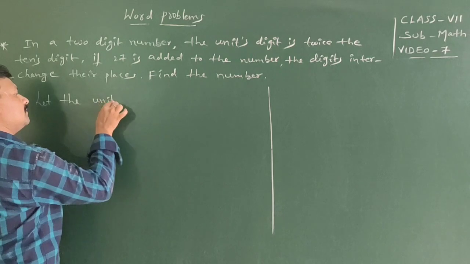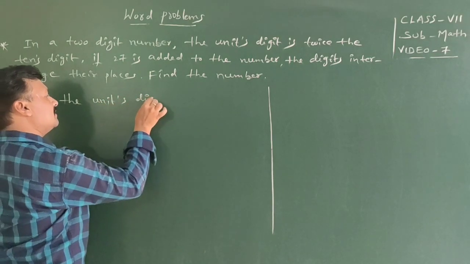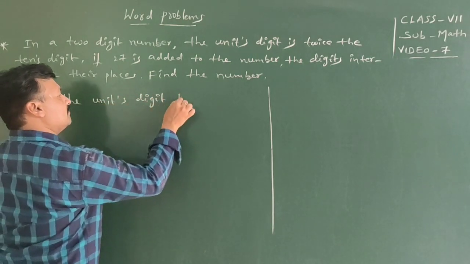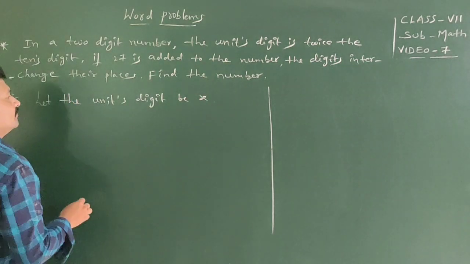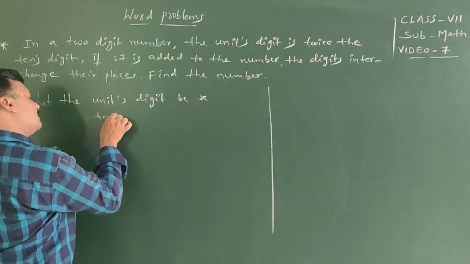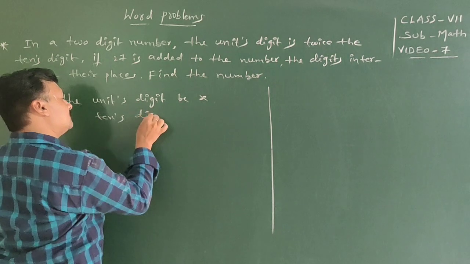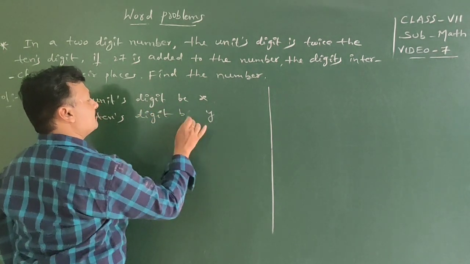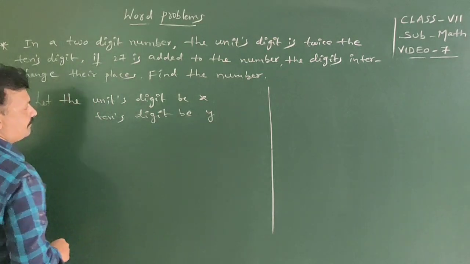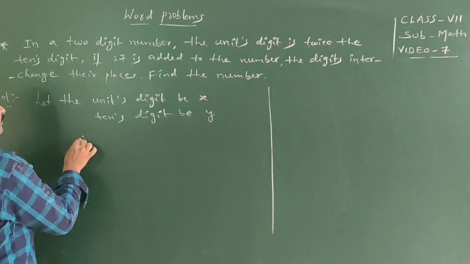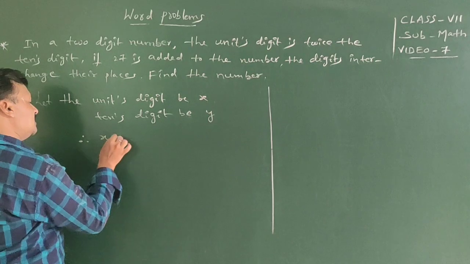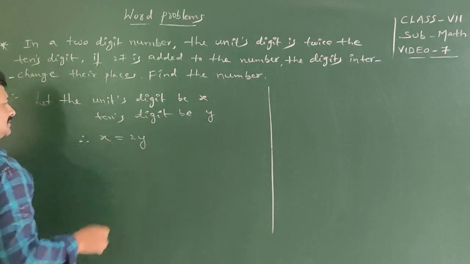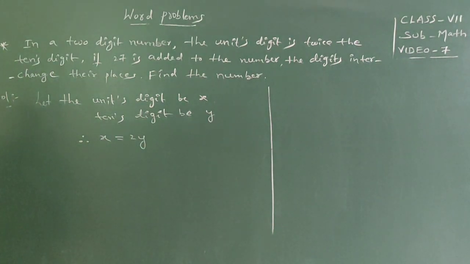Let the units digit be x, tens place digit be y. And here the units place digit is 2 times the tens place digit.